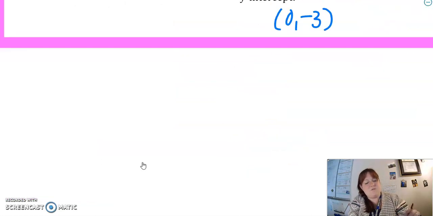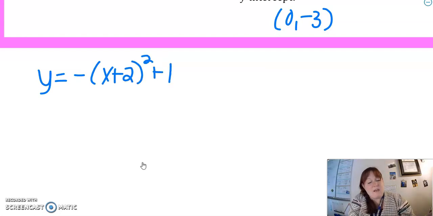But let me show you algebraically how to find those. So if I had this function, y equals -(x + 2) squared plus 1, and I wanted to find the zeros of this function, remember zeros are wherever y equals 0 because it's where they cross the x-axis. So I can just set y equal to 0, and then I can solve.